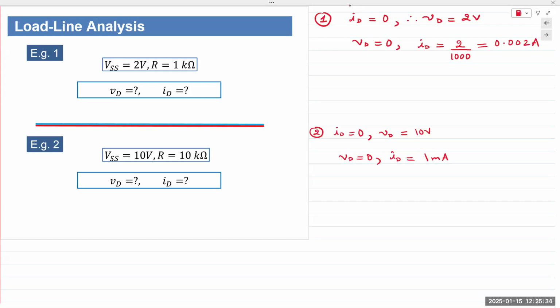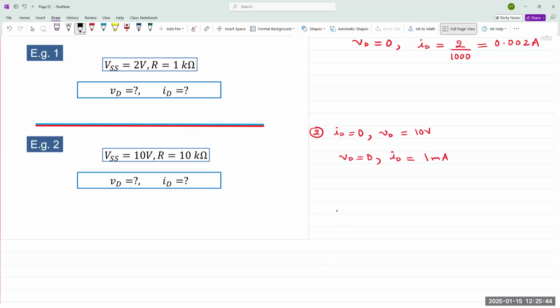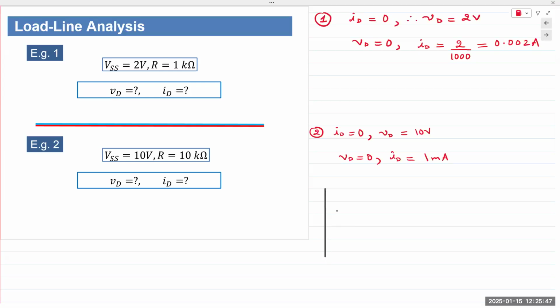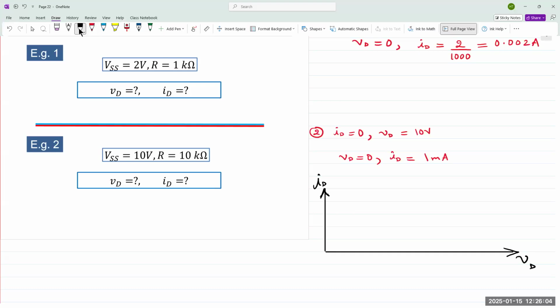So let's do a plot. Voltage VD, current ID, and let's say, where are we going to put 10 volts?